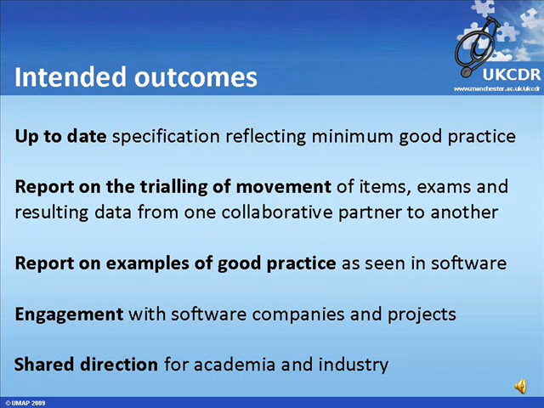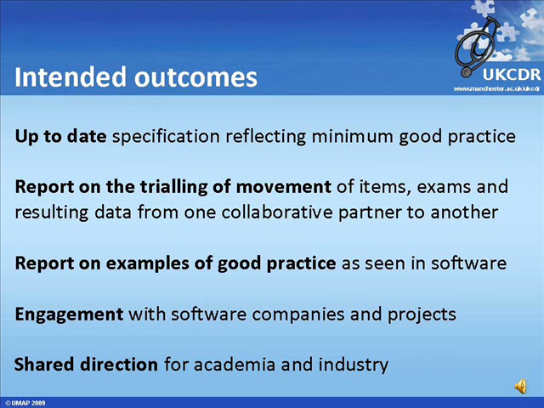The intended outcomes of the new project are an up-to-date specification which reflects the minimum good practice needs across the previous and current partners. There will be a report on the outcomes of a trial of movement of items and data between one collaborative partner and another.